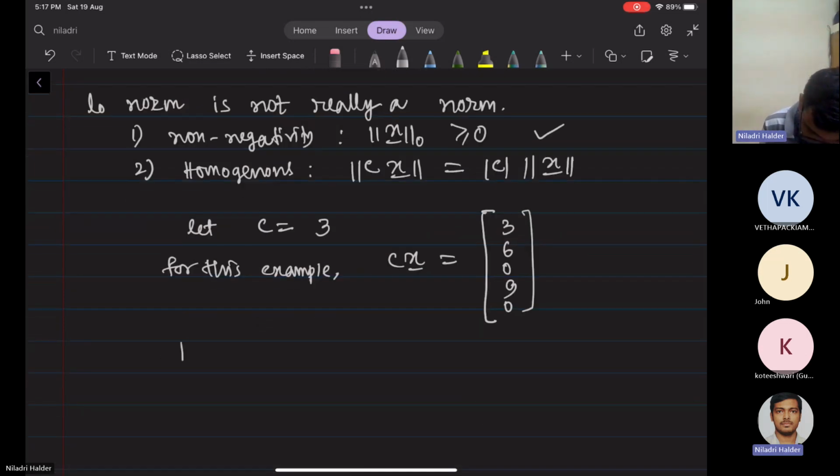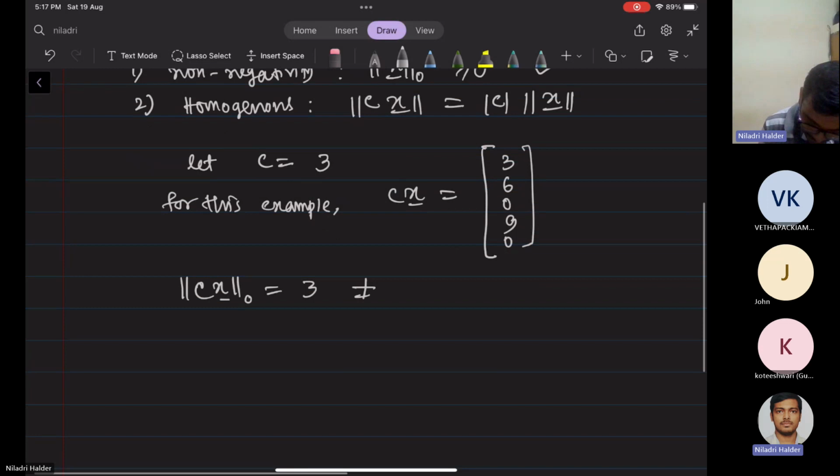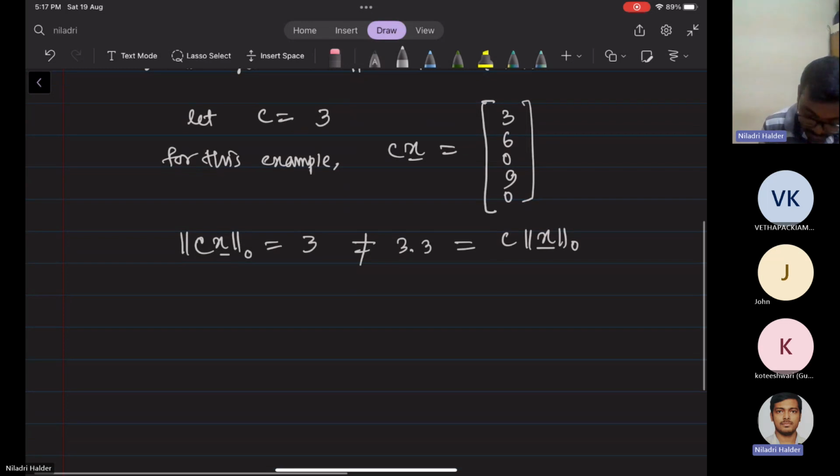Then what is the L0 norm? How many non-zero elements are there? Only three elements, so three only. But this is not the same as 3 times the norm, which is 9. That would be c times the norm, so this is not the same. That's why the homogeneity property is not satisfied. Homogeneity doesn't hold here.